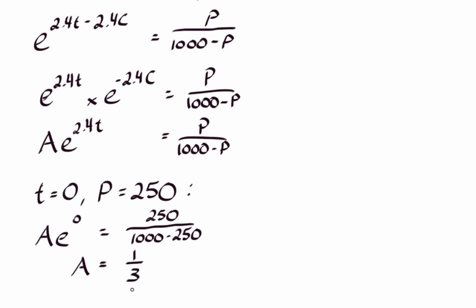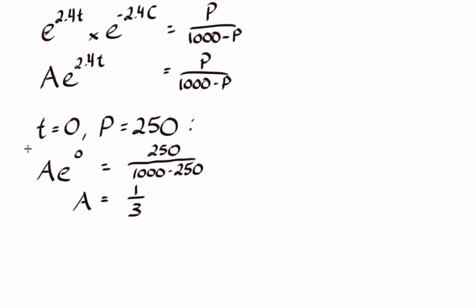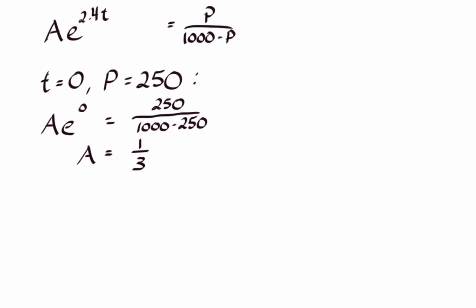So a is 1/3. So let's rewrite the equation with this updated value of a. One-third times e to the power of 2.4t is equal to p over 1000 minus p.